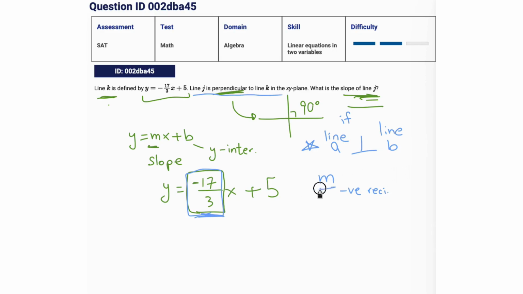For a slope m, that would be negative 1 over m.